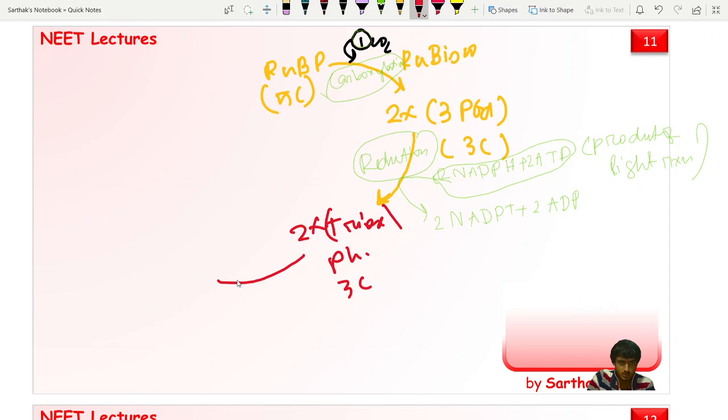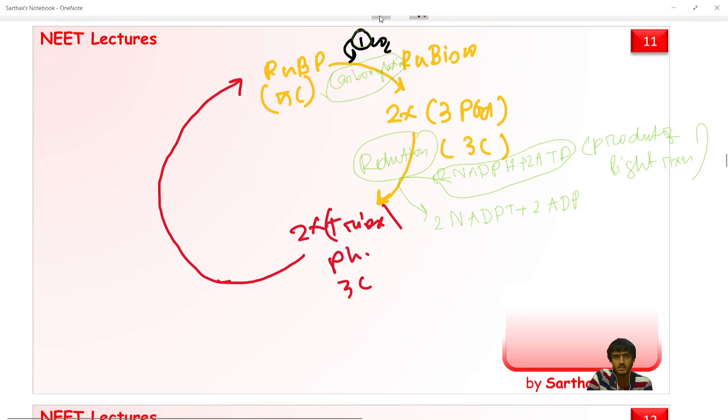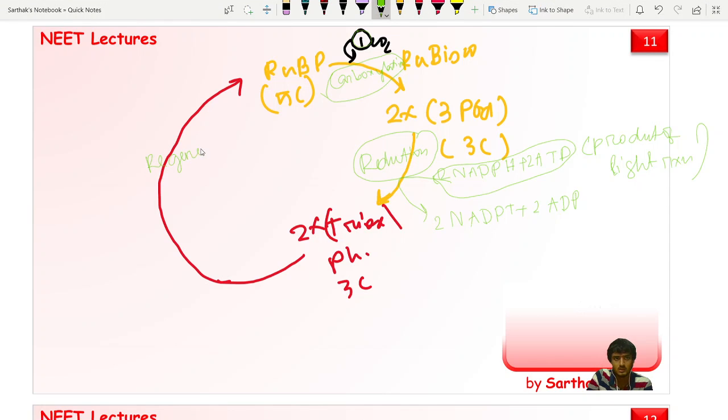And this triose phosphate is converted again in the step named regeneration to RuBP, and here 1 carbon is used in synthesizing carbohydrates.